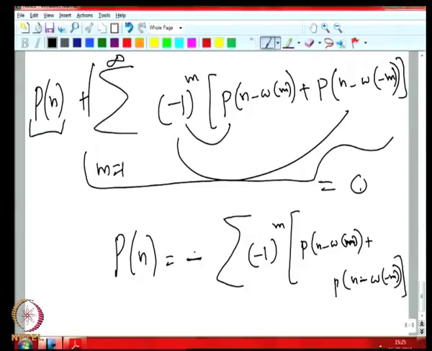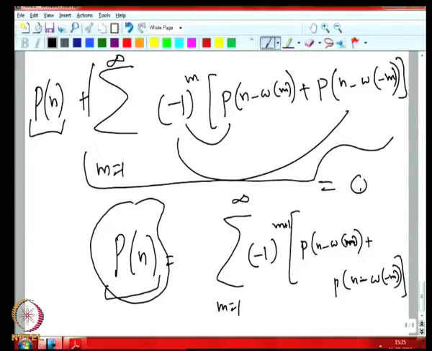But then this minus can go inside and then make it plus 1 here, minus 1 raised to m plus 1 into p of n minus, and this goes from m equal to 1 to infinity. So, what is so good about it? The good thing is that we are getting a formula of p of n in terms of smaller p of something which is smaller than n, right. This is a recurrence relation for evaluating p of n.